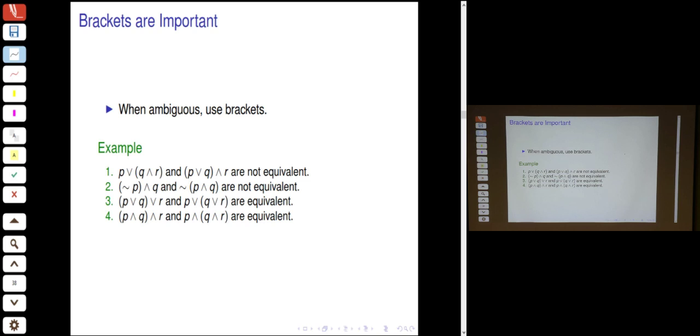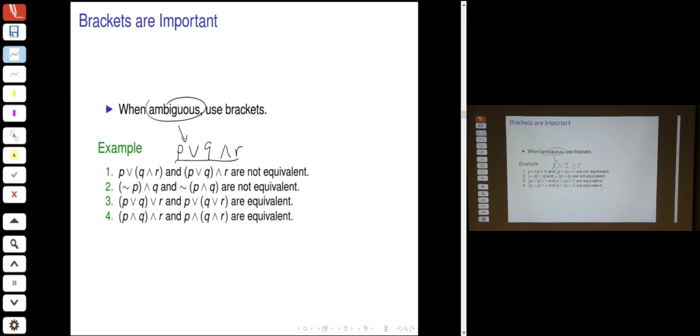For example, if I just write P or Q and R, this is ambiguous, right? Because if I write P or Q and R, there are two ways of reading it. One is I combine P and Q first. It's like the thing here.